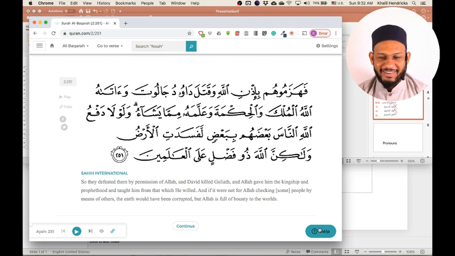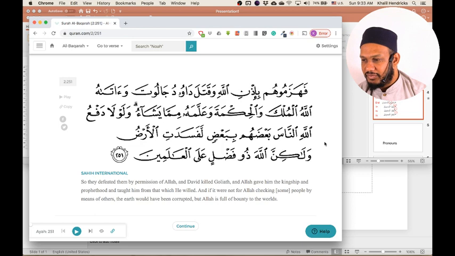Okay, that's the one we had in our worksheet. وقتل, killed داود جالوت. وأتاه الله الملك. It's difficult to see that, but ata is also going to be a verb. The word Allah is going to be the fa'il. Al-mulk is going to be the maf'ulun bihi. Anybody else found a fi'il, fa'il, and maf'ulun bihi?